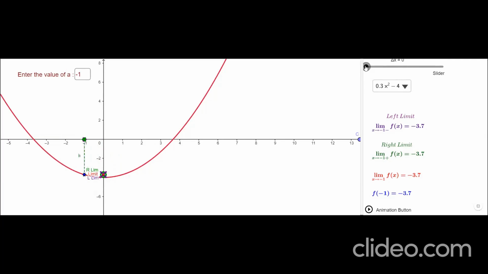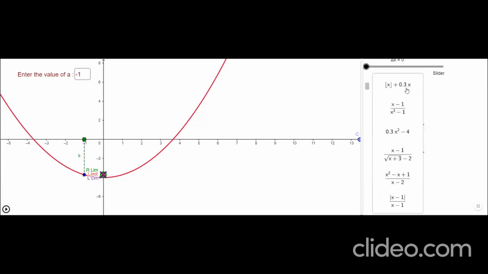In this case, we say the limit exists. This is the situation where the limit exists. If you take any point, always the limit exists. As you can see, I have calculated the value also. The left value is -3.7 and the right side is also -3.7. They are equal. Right? Now let me change this question to something else.